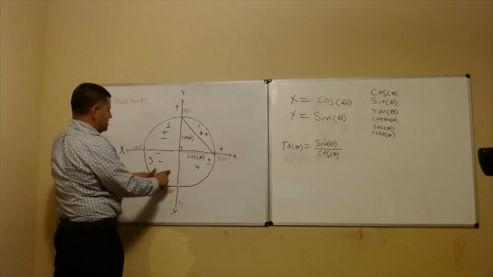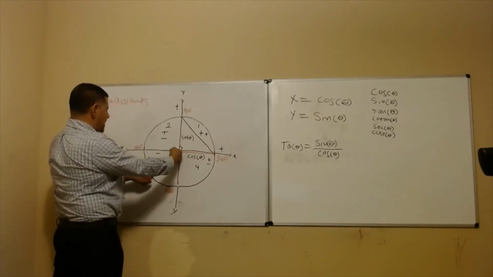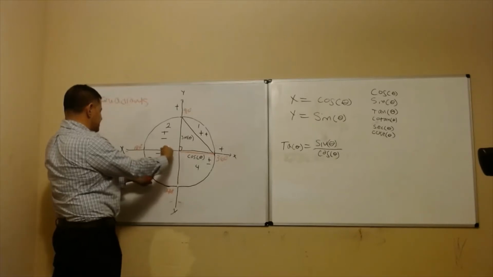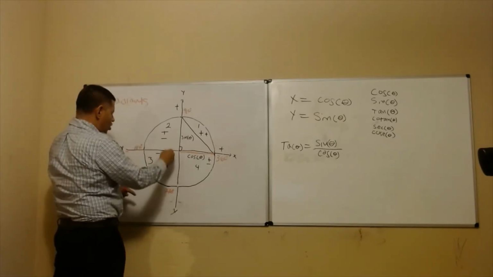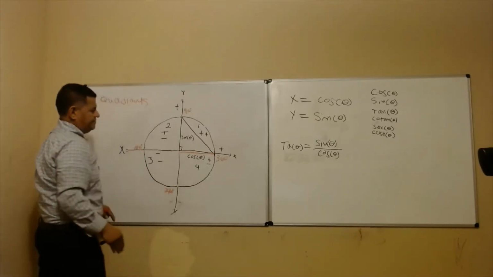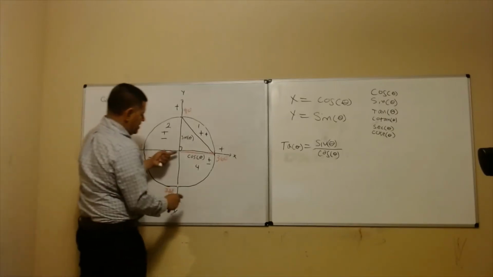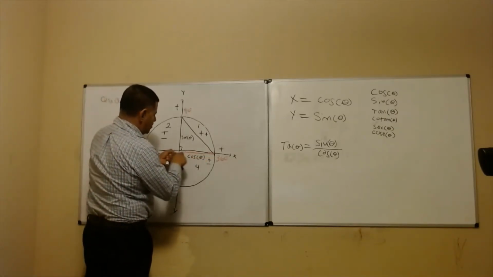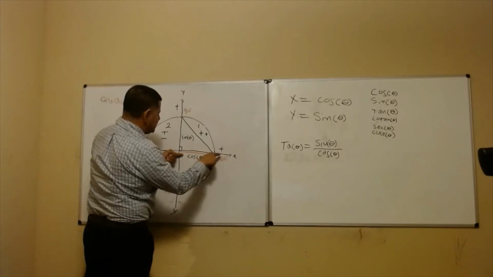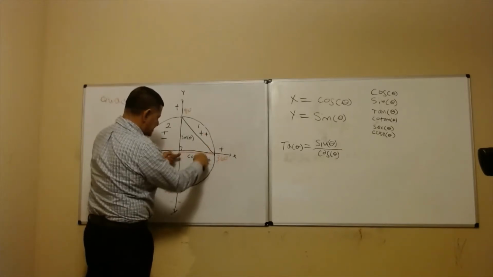Down in this quadrant, cosine is negative and sine is also negative. Here, cosine is positive and sine is negative.